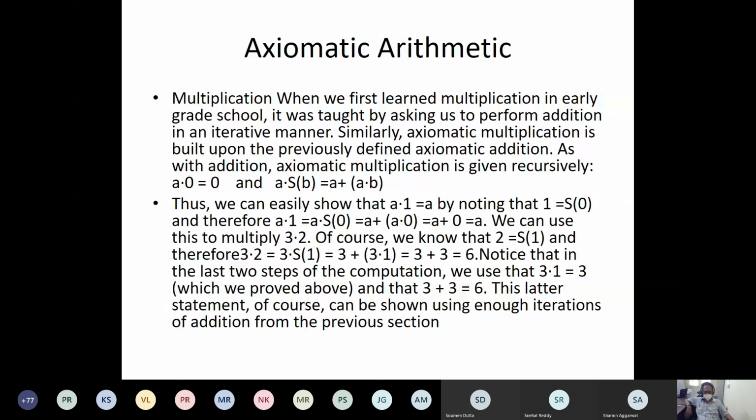I think I will stop here today. Our next class will be on Thursday. On Thursday, we will start from here and give an overall view of what the rest of the course will contain. This was just some basics of first order logic and arithmetic. Any questions you want to have?